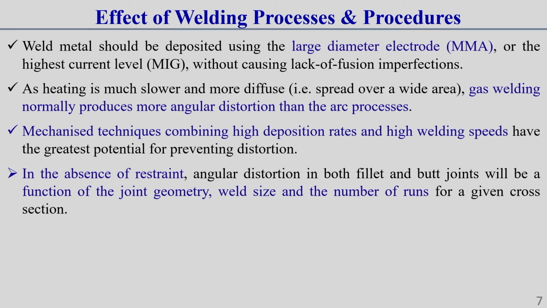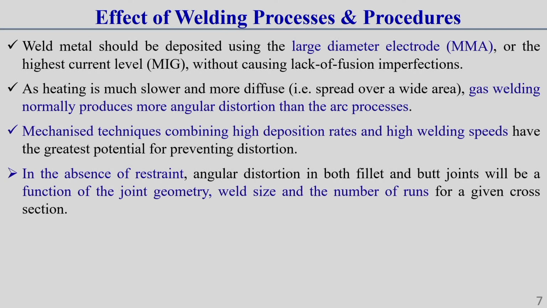Machine also has some capacity, so depending on this machine capacity, we should choose the diameter of the electrode. The diameter of the electrode should be as large as possible, which generally gives fewer runs. Fewer runs will provide less heat input.